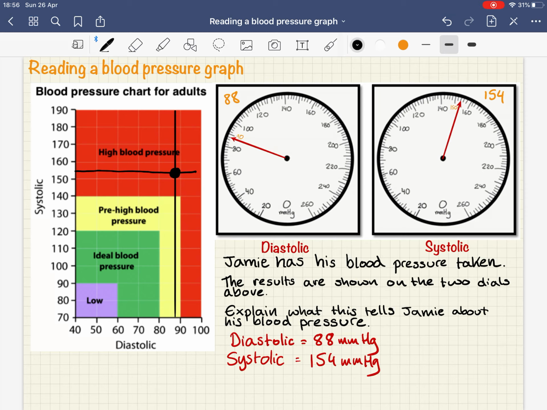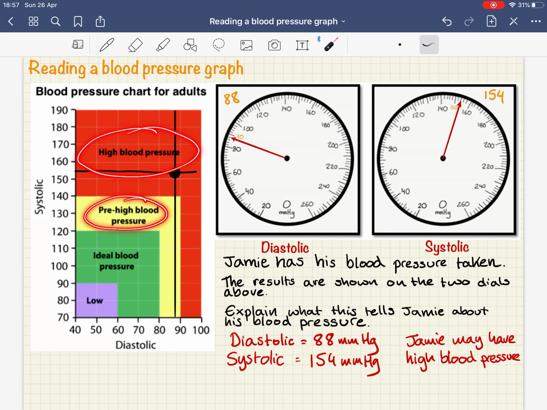Because it intersects in that high blood pressure area, we write for our final answer, Jamie may have high blood pressure. So you look to see where it intersects and you just choose which of these four titles that point intersects in. And that's all.